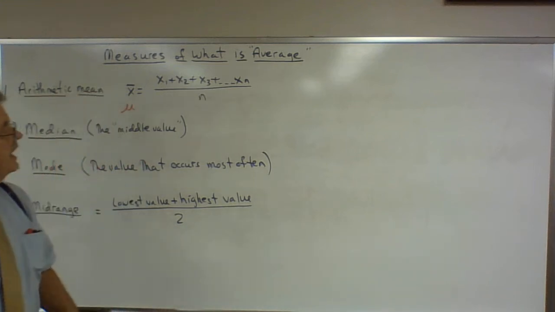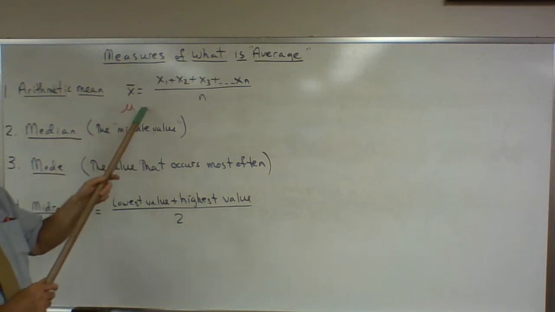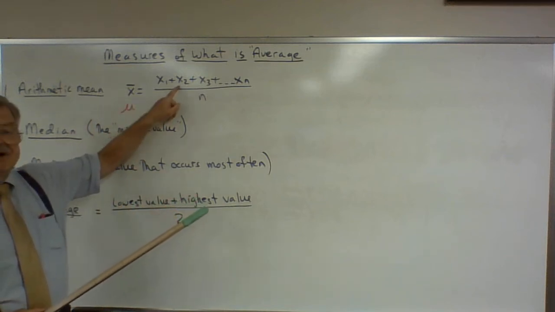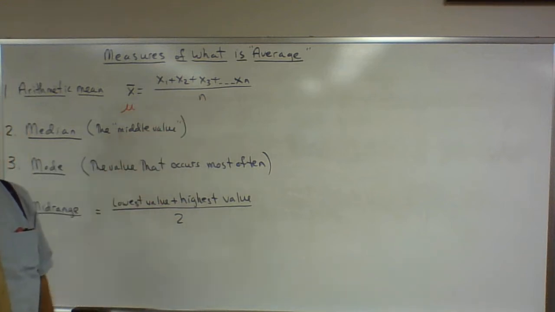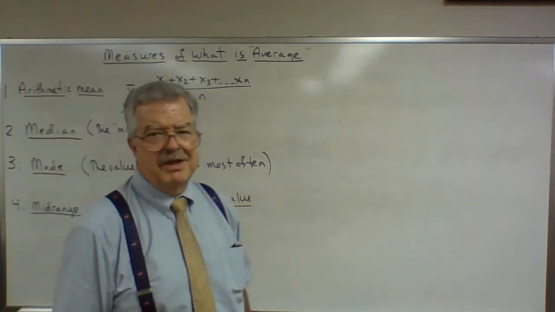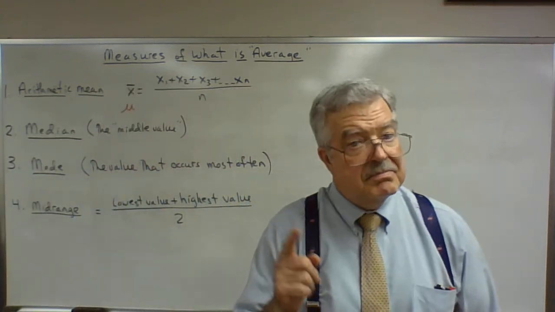And to get the arithmetic mean, x bar, we add up all of our data values and then divide by the number of data values that we have. And you might be thinking, well, yeah, that's the average.